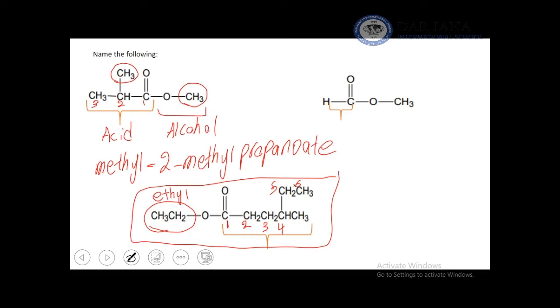I will write ethyl. The methyl substituent is on carbon number 4, so it will be ethyl 4-methylhexanoate instead of hexanoic acid, because the chain contains 6 carbon atoms. Hexanoate.